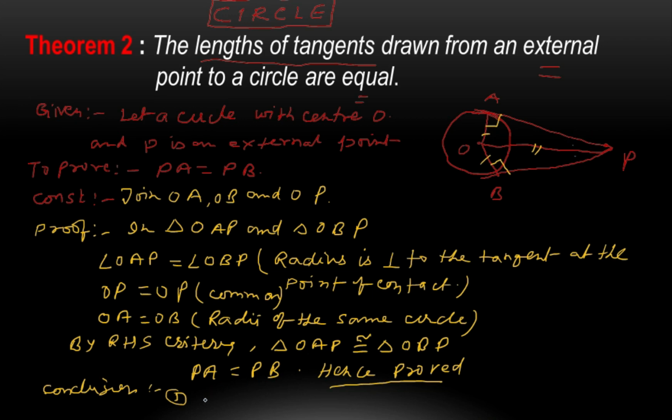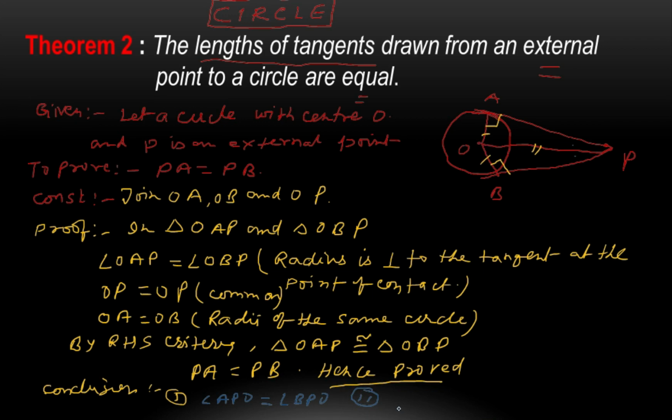So number 1: angle APO will be equal to angle BPO, meaning the tangents are equally inclined with the line segment joining the point to the center.